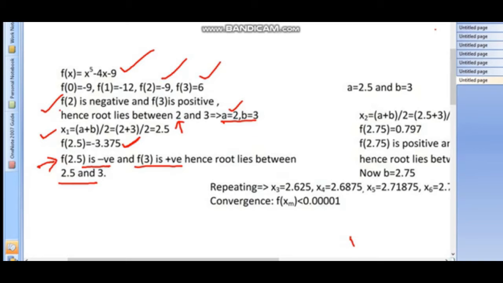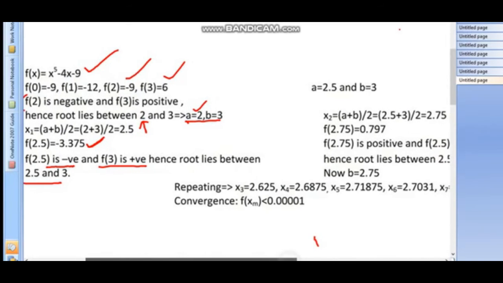But in this case we have found that f of 2.5 is also negative. So when f of 2.5 is negative and f of 3 is positive, f of x equal to 0 will be in between 2.5 and 3.